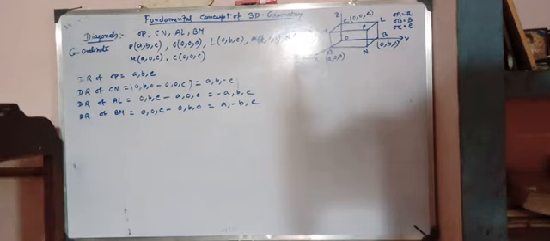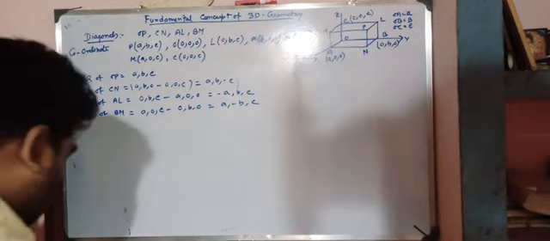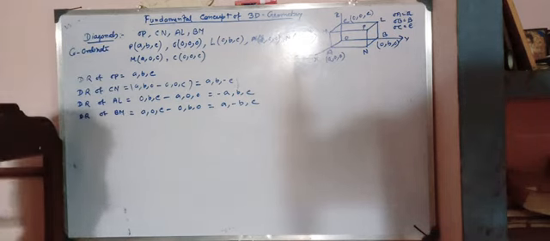So these are the direction ratios of the respective diagonals.